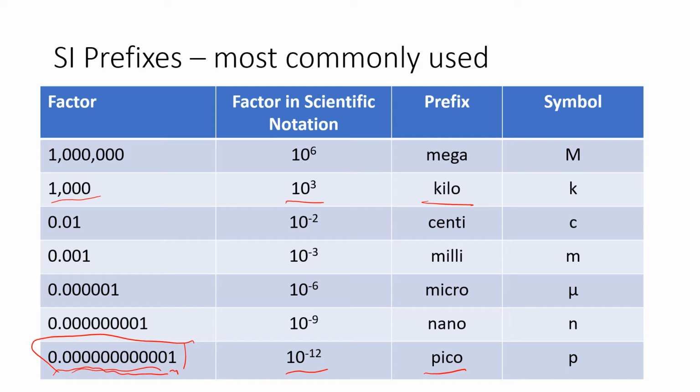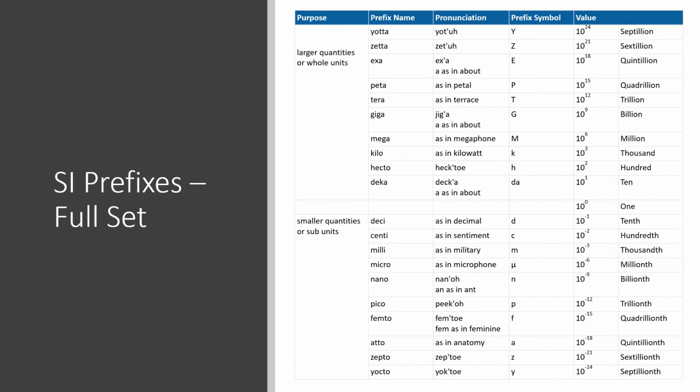The ones I showed you here are, in my own estimation, the most commonly used. I showed you 7. There's actually 21. And there are some odd ones. Let's say you want to know the distance between 2 electrons, and let's say it's equal to 1 septillionth of a meter, which is 10 to the negative 24th of a meter. You would say it's 1 yoctometer. Likewise, they have some odd ones at the high end.